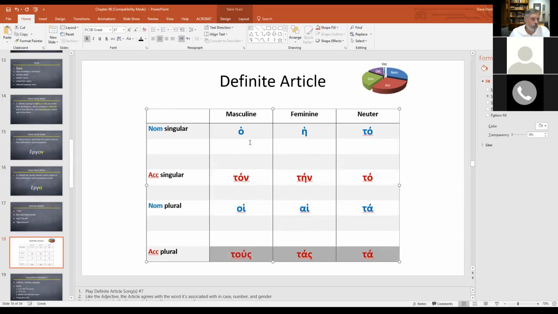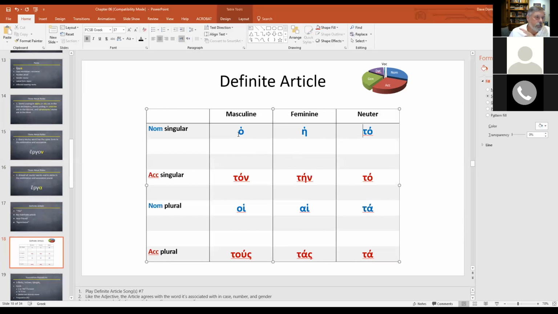Here's the amazing thing about this: the to ending and the to ending follow the same noun rule as we saw, that in the neuter, the nominative and accusative are going to be the same. Let me correct myself. In the article, there's no first, second, or third declension.